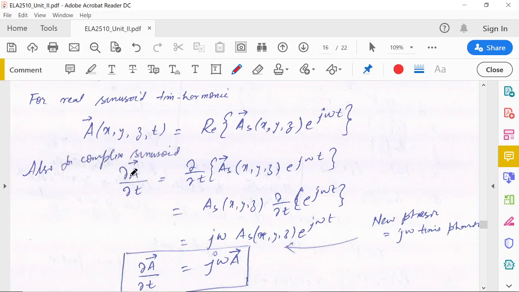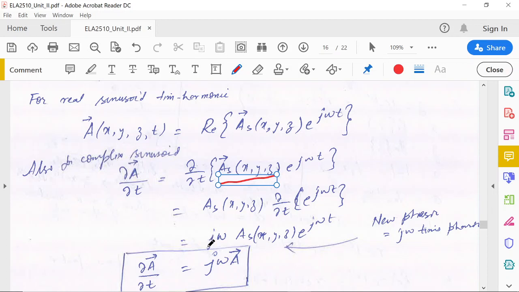So del A over del t will be del over del t of A_s e to the power j omega t, where A_s is the phasor form of A. Now you can take del by del t inside because A_s is independent of time, and differentiate. When you differentiate, you will get the j omega term and this remaining term: j omega A_s(x, y, z).